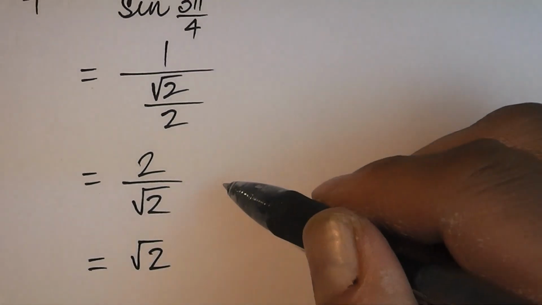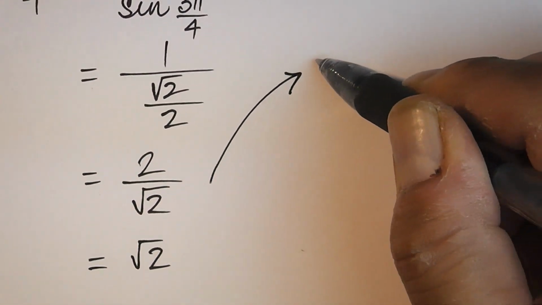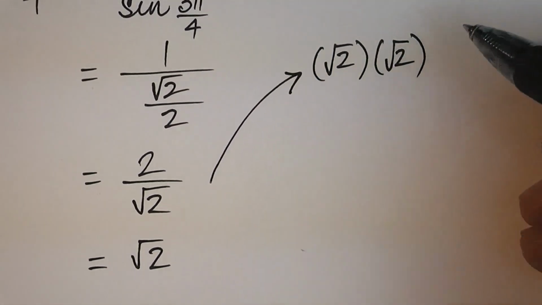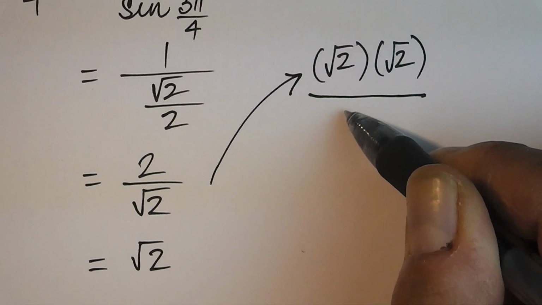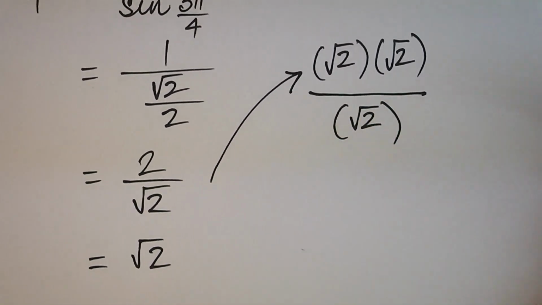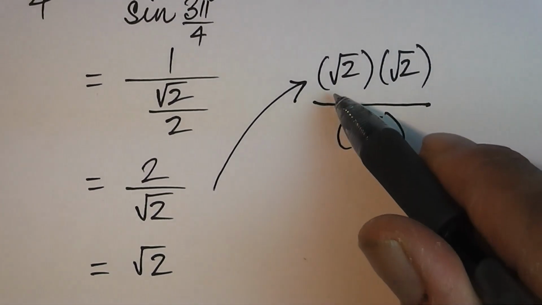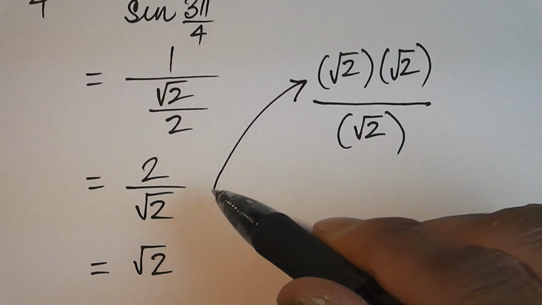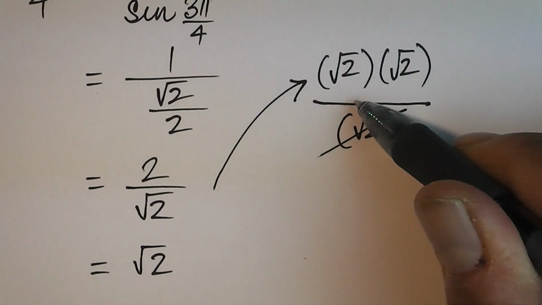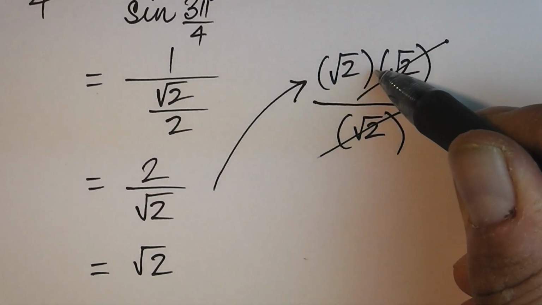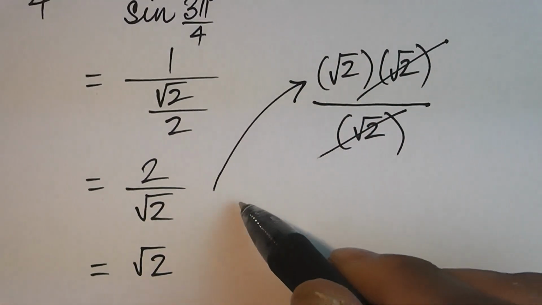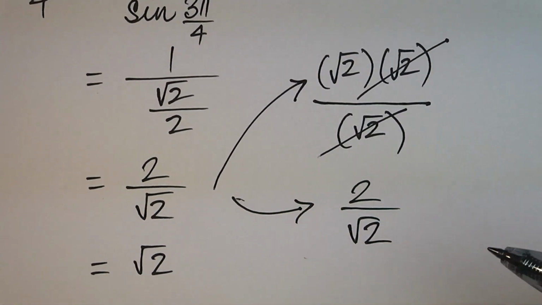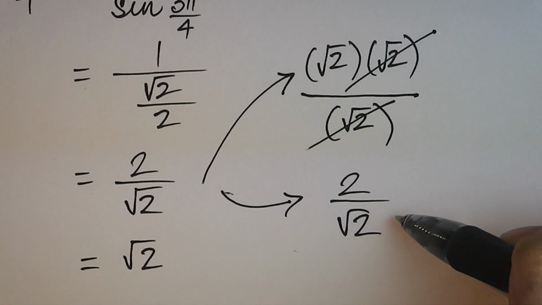There's a couple of ways you can think of that. One way is, if you have radical 2 times radical 2 on the top, and you have radical 2 on the bottom, radical 2 times radical 2 is how we got this 2, and this radical 2 is just there, so you can see that if these two cancel, you'd be left with just radical 2. Another way to look at it is, if you have 2 over radical 2, we don't want to leave that radical there, we want to rationalize it.